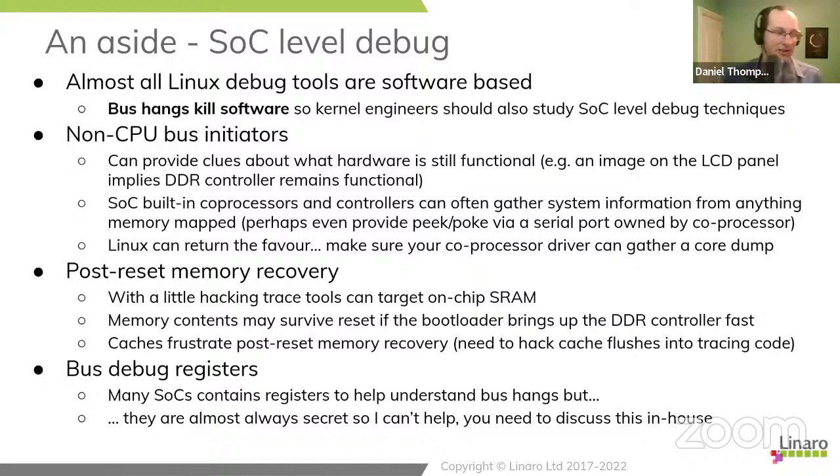If there is a bus hang in the system, then although you might be able to extract a little bit of information from the JTAG debugger, as soon as you try to do something like get a backtrace, its own bus initiator will also lock up and you'll be stuck anyway. So if you have bus hangs, that kills software. So kernel engineers do need to understand how to use SoC level debug techniques to try and manage if you have bus hangs.